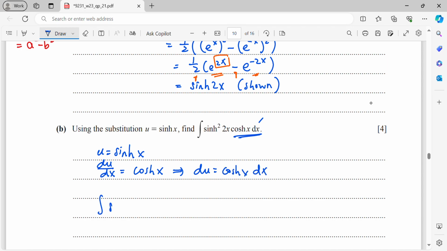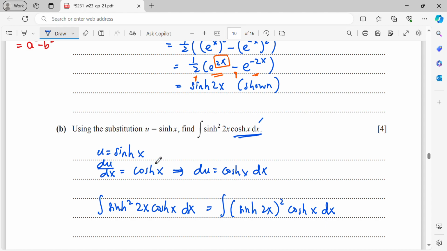Therefore, my integration, sinh squared 2x, cosh x dx. This sinh squared 2x, I can change to the square of sinh 2x, then cosh x dx.